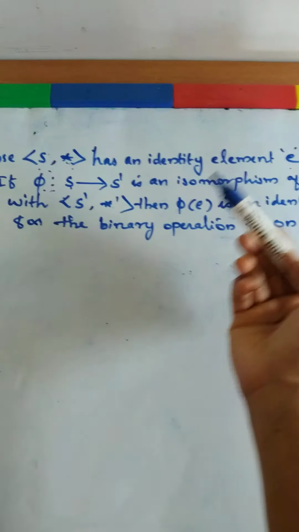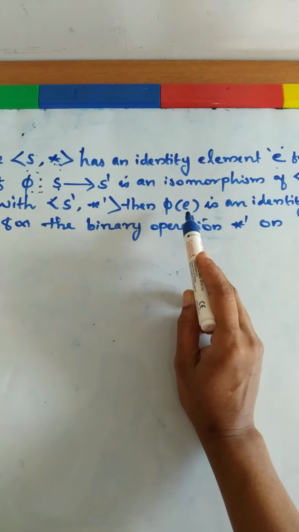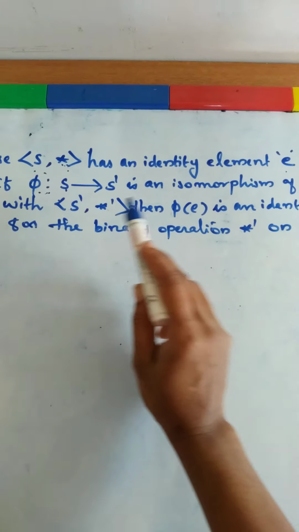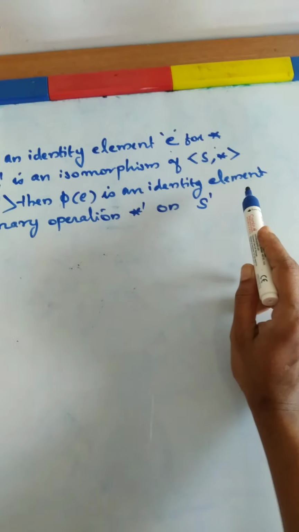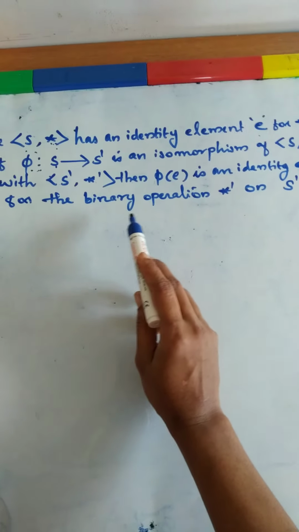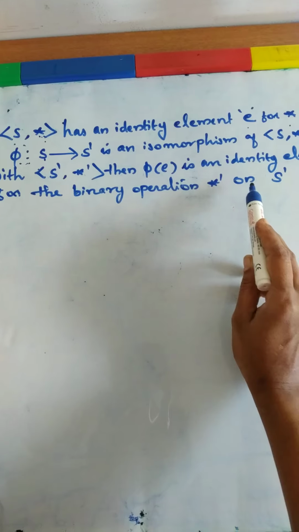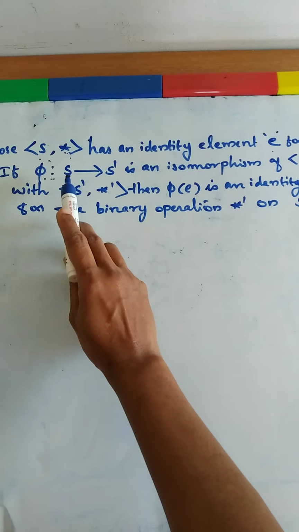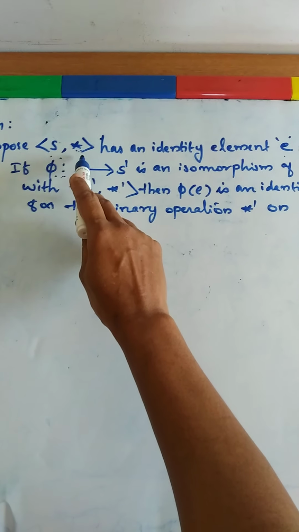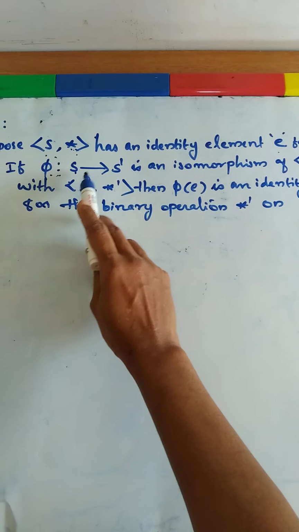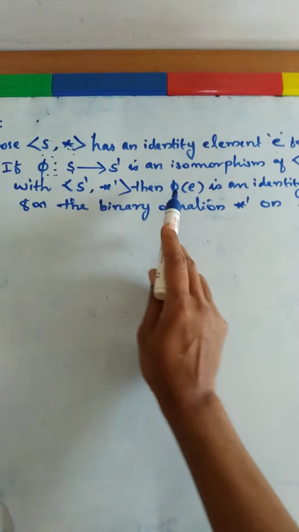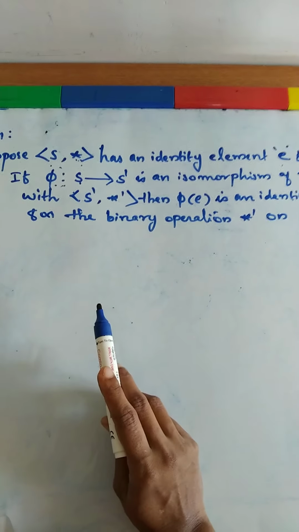That means phi of E, the image of E under phi, is an identity element for the binary operation star dash on S dash. So if E is an identity element in S with respect to star and phi is an isomorphism from S to S dash, then phi of E is an identity element in S dash.